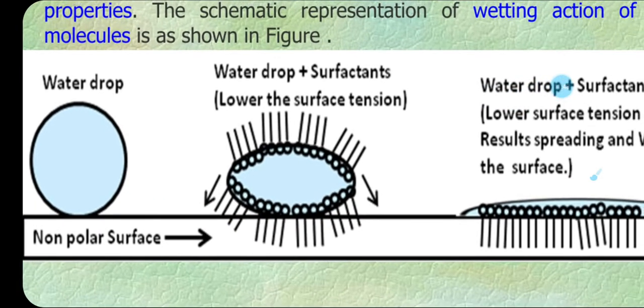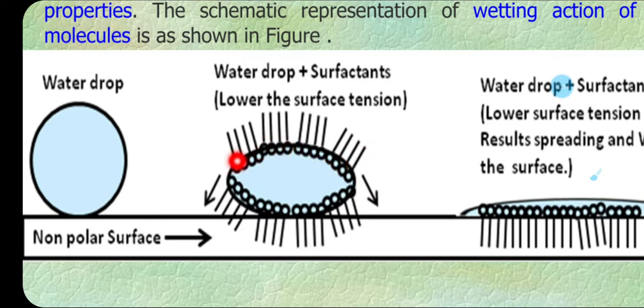Let us see. So here is only a water drop. Here is a water drop plus surfactant molecules, that means a surfactant solution. If you spread it on the non-polar surface, what happens? This surfactant or soap molecule decreases the surface energy and ultimately the surface tension. Why? It will be adsorbed at the water-air interface, right?